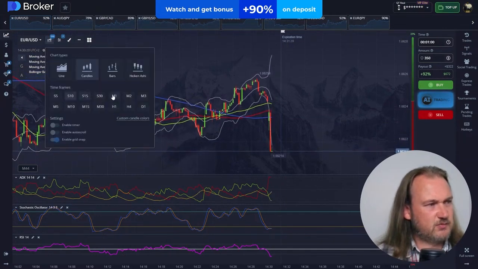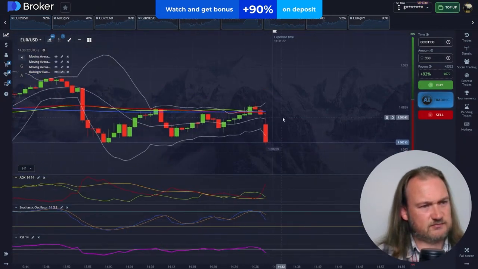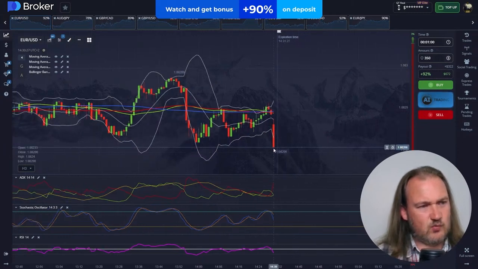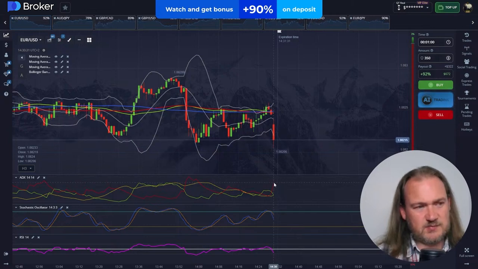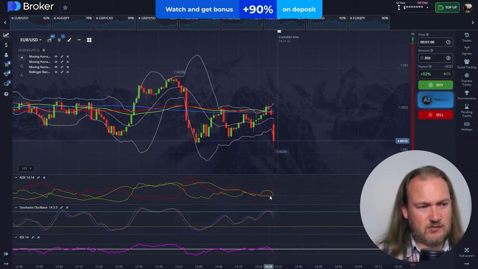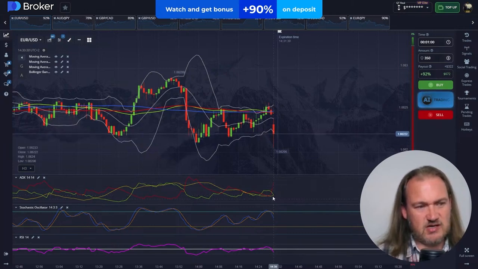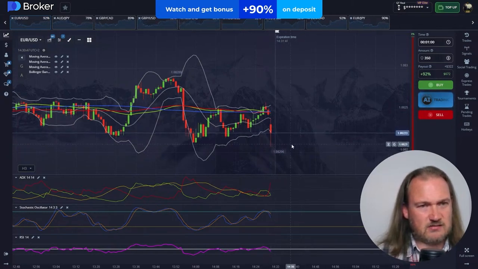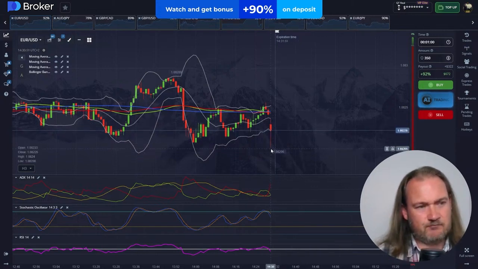We can switch to a 1 minute and see what it looks like. Price is getting well out of the Bollinger Bands. I've got a big DI spike on my ADX, but the ADX itself is very low, telling me there's a big price change, but not a lot of strength behind the push. Price is way out of the Bollinger Bands, and I don't quite like trading news like this, especially a big candle like this.